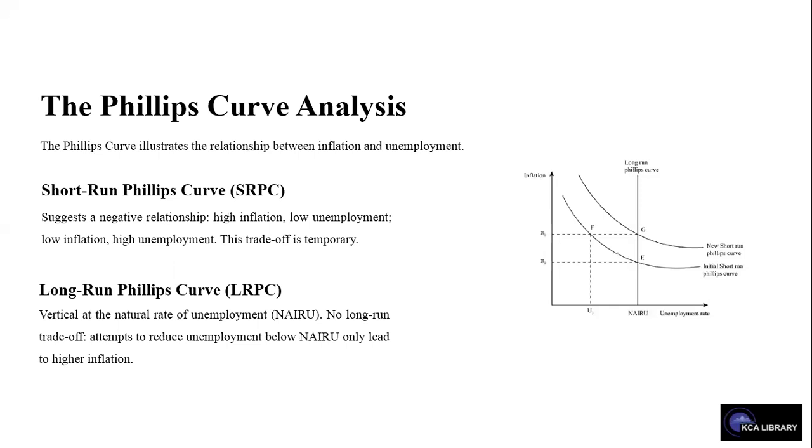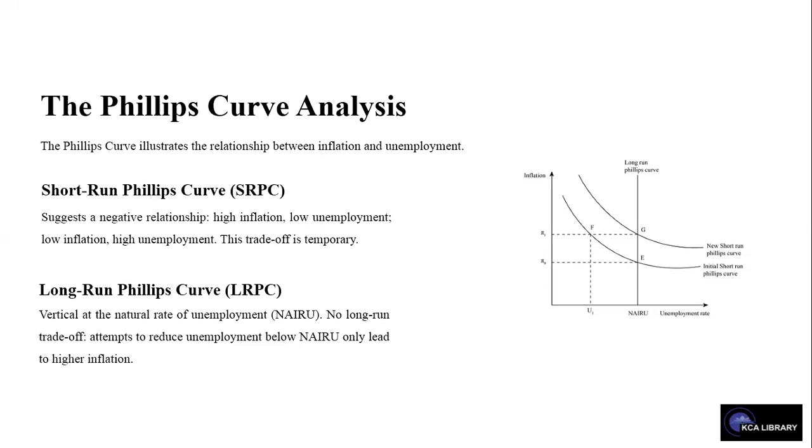We have another concept, which is the Phillips curve analysis, and this illustrates the relationship between inflation and unemployment. It is divided into two: the short-run Phillips curve and the long-run Phillips curve. The short-run Phillips curve suggests a negative relationship: high inflation, low unemployment, or low inflation, high unemployment.